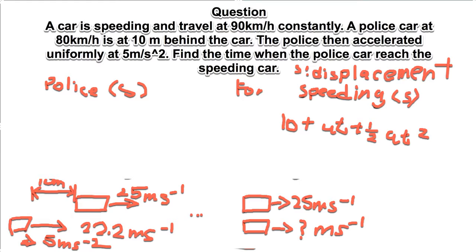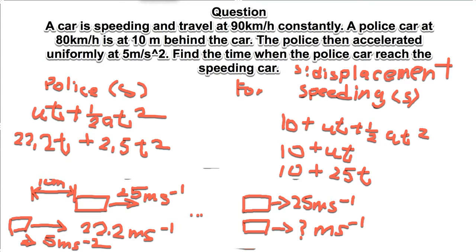As the acceleration of the speeding car is 0, we can simply put 10 plus ut, that is 10 plus 25t.